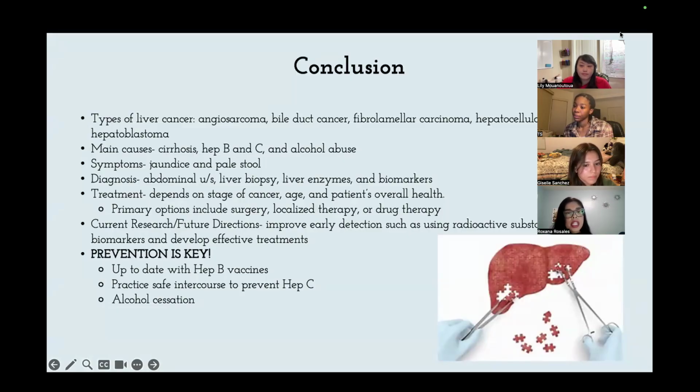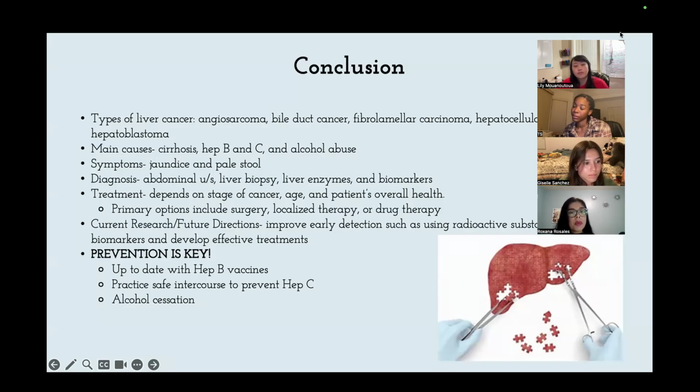So in conclusion, we talked about the different types of liver cancer today, like angiosarcoma, bile duct cancer, fibrolamellar carcinoma, hepatocellular carcinoma, and hepatoblastoma. We discussed the main causes, which are cirrhosis, Hep B and C, and alcohol abuse. There are a lot of symptoms that come with this diagnosis, such as jaundice and pale stools.